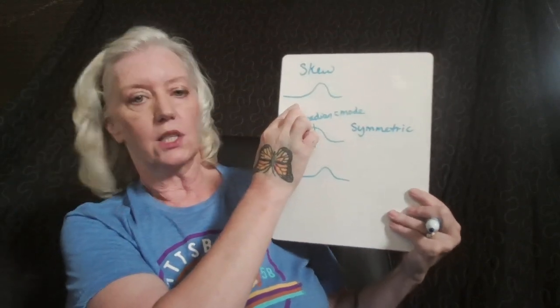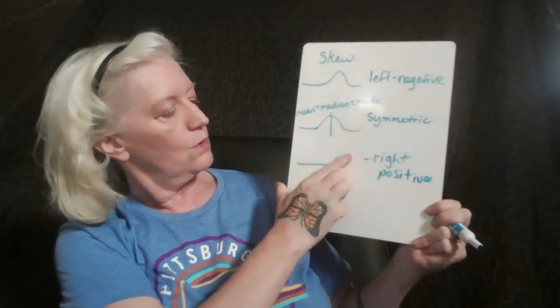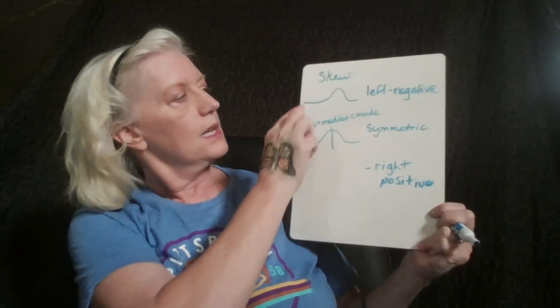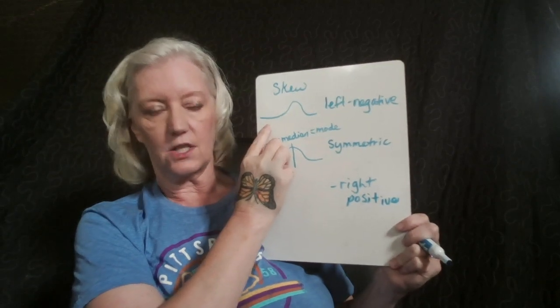This is what's called left skew, also called negative skew. Left and negative are the same. This is called right skew or positive skew. You know what? I just realized that I drew these two the same. Oopsie daisy. Left skew or negative skew means that this tail is on the left, and I'll tell you why in a minute.